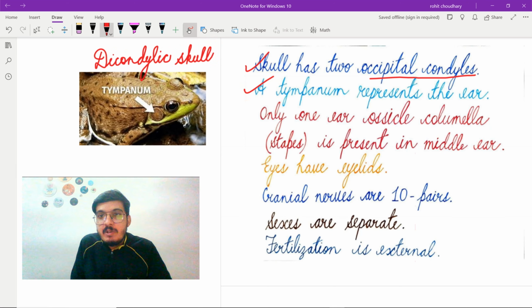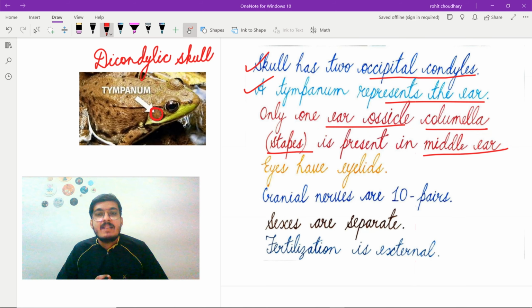A tympanum represents the ear. As we can see in this picture, this gray patch is representing tympanum. These tympanum are present on both sides of the head and they help in passing the sound vibrations to the ear ossicle, and that ear ossicle named stapes or columella is present in the middle ear.